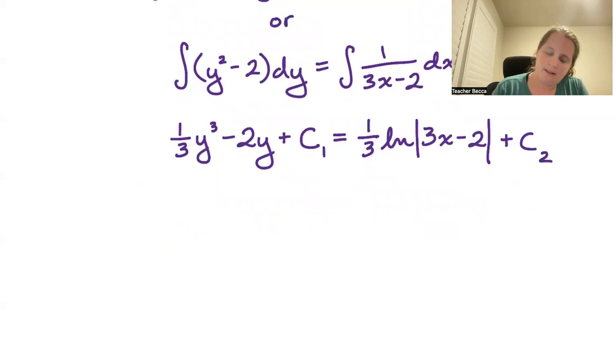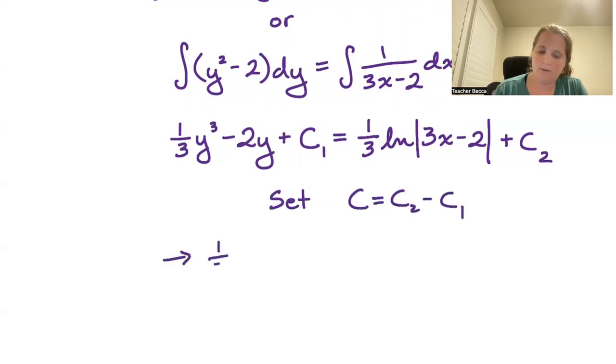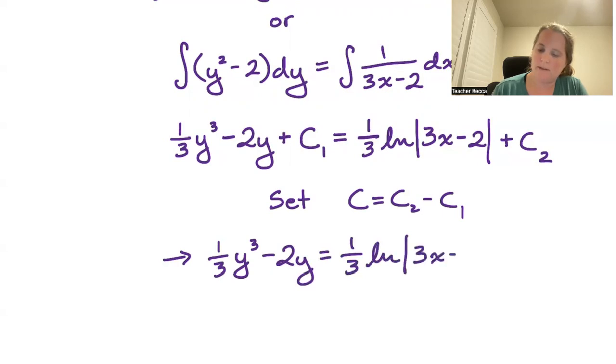If we set c equal to c2 minus c1, then we have 1/3 y cubed minus 2y is equal to 1/3 times the natural log of the absolute value of 3x minus 2 plus c.